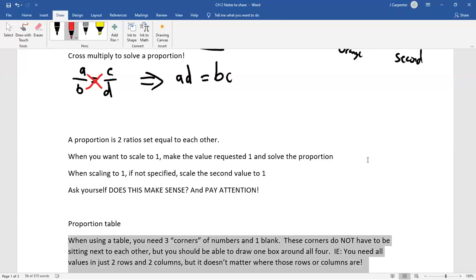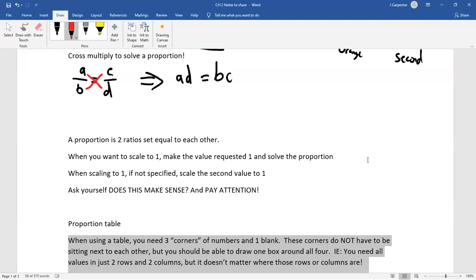You can be presented with a massive table of information, and as long as everything in that table is proportional, whether you have dictated that with rhyme and reason or the problem tells you that up front, you can find blanks in that table as long as you can draw yourself a box, whether it's figuratively or imaginatively.